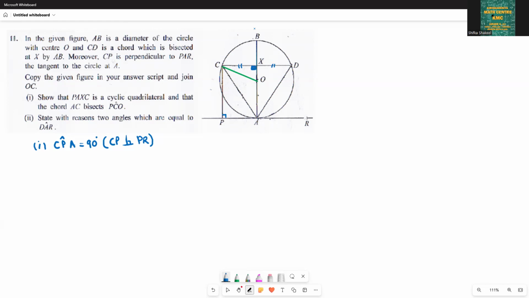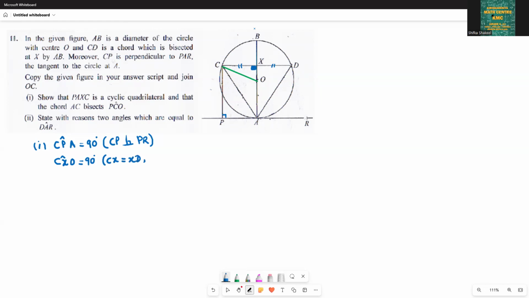Already I told you, angle CXO is 90 degrees. Why is that 90 degrees, children? The chord is bisected by OB. Bisecting means dividing into two equal parts. That is, CX is equal to XD.